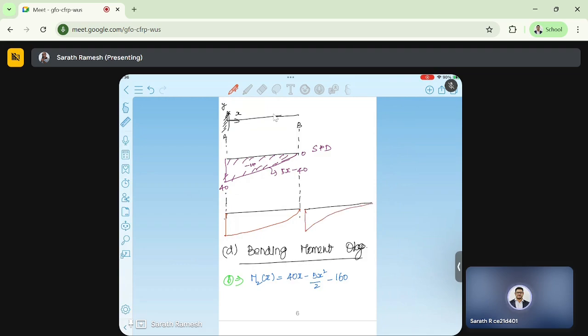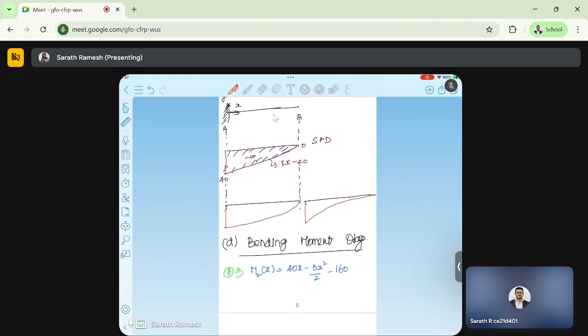Which one is correct, the first one or the second one? Both are quadratic curves and both satisfy the boundary values, but the curvatures are different. In one, the slope here is 0, and in the other, the slope there is 0. How do we find which one is correct?